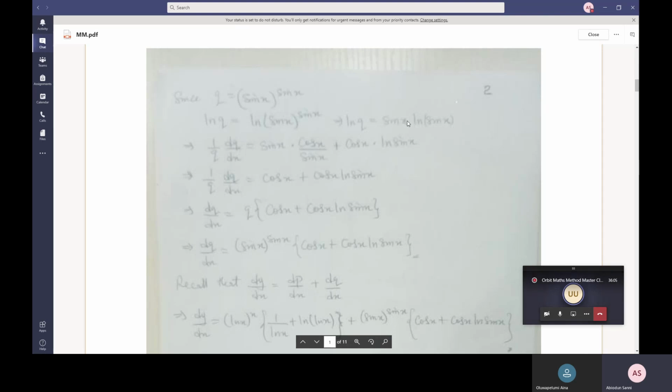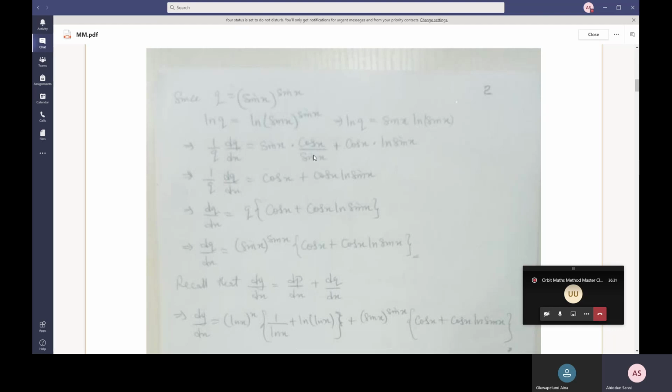So then we are able to simplify, then we use product rule again. So differentiate ln q, that's 1 over q, then put dq dx, is equal to the product rule. Our u is sine x, our v is ln sine x. So u times differentiate ln sine x, that would be differentiate sine x, which is cos x, all over sine x itself.